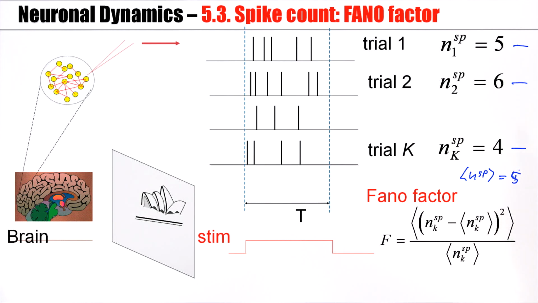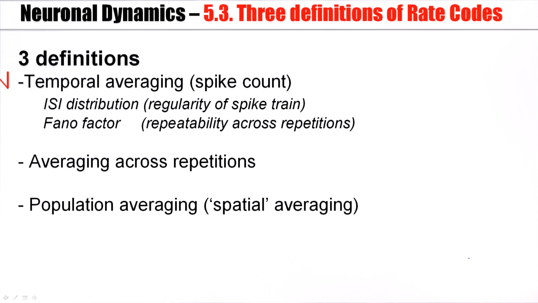And then we look at how much each trial varies from the mean number. So in some trials there are 6, in some trials there are 4, there might be other trials with 9 or with 1. And this variance is normalized by the mean spike count. And this is called the Fano factor. Thus the Fano factor measures the repeatability across repetitions.